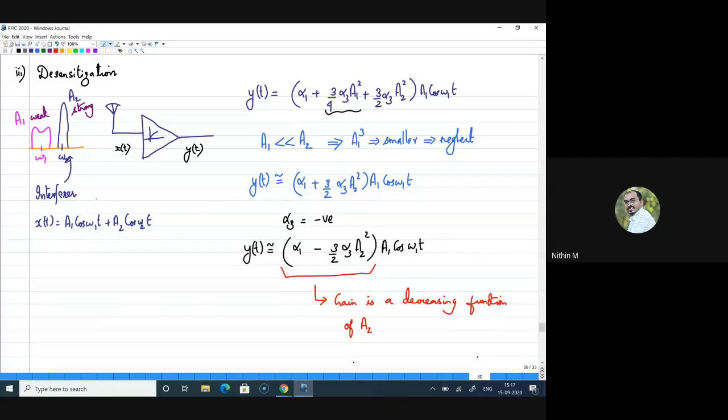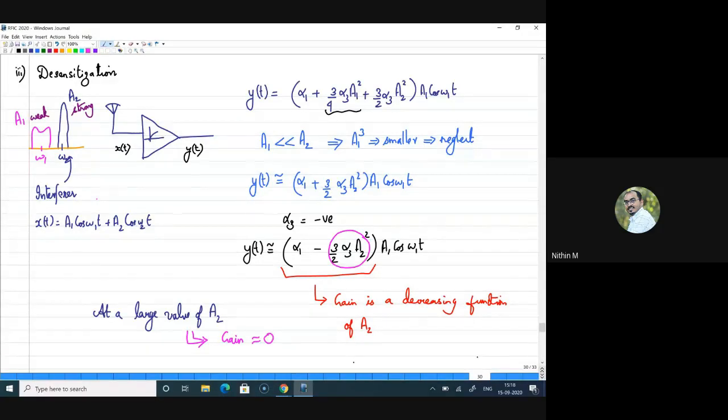So that means at a very large value of A2, as A2 keeps on increasing, this term can become equal to alpha 1A, and in that case the gain of the desired signal can be reduced even to 0.